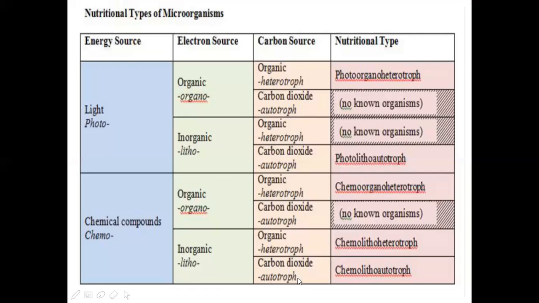So these are the categorization or classification of different microorganisms based on their energy source, electron source, and carbon source. We can write the nutritional type of microorganisms based on these sources.